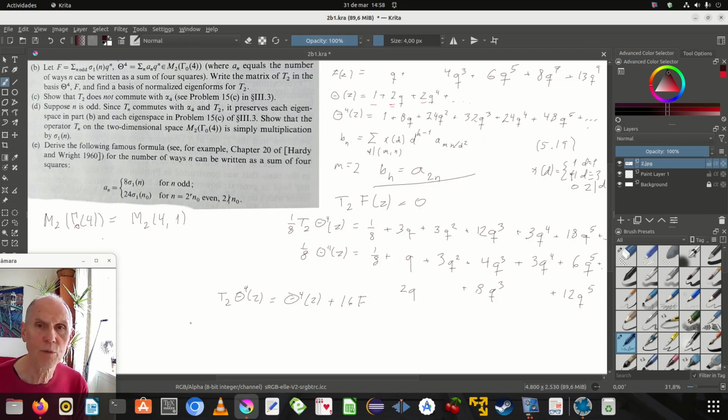And that means if we are in a basis, oh, here I should have found and base theta 4th and f.